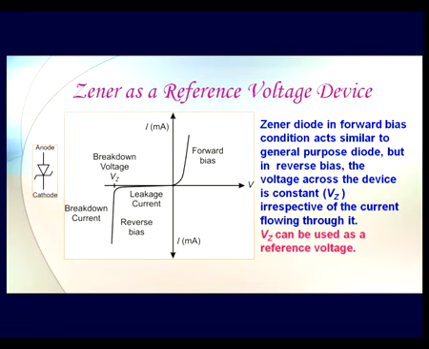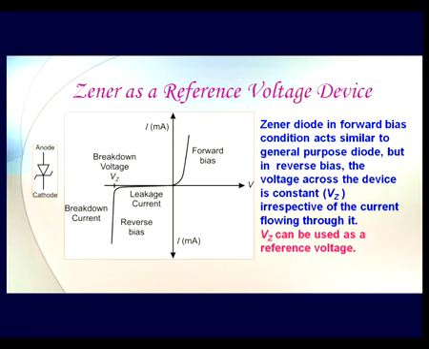But in case of reverse bias, what happens is that when we give a certain voltage across that depletion layer, due to the thinness of that depletion layer, it allows a lot of charge generation in the form of avalanche or Zener breakdown, and we get a current which gets sustained in that particular device and which pins the voltage across the device to a voltage called the breakdown voltage or Zener voltage.